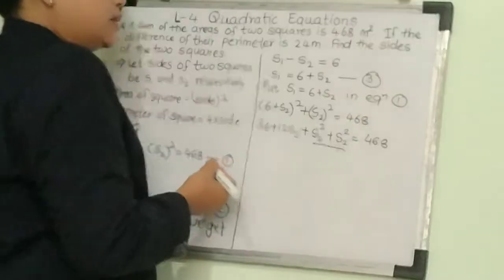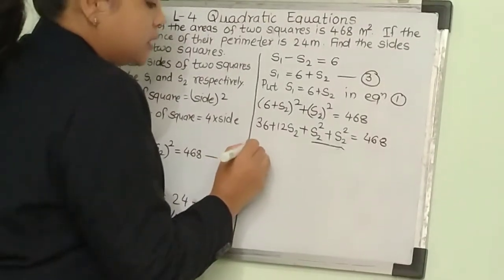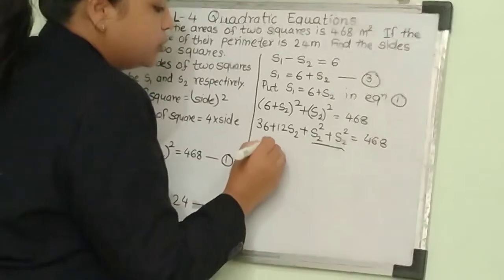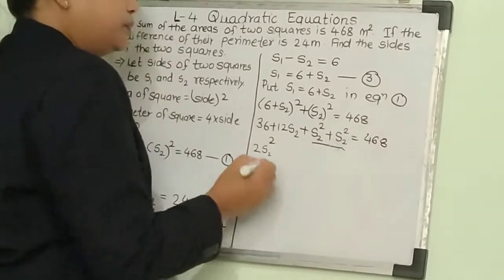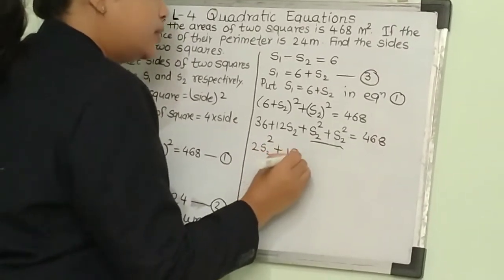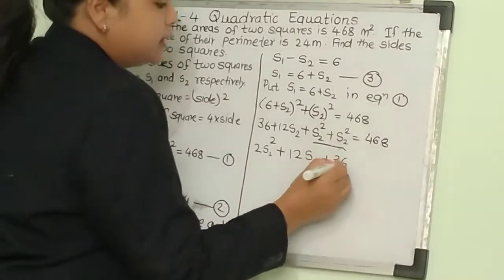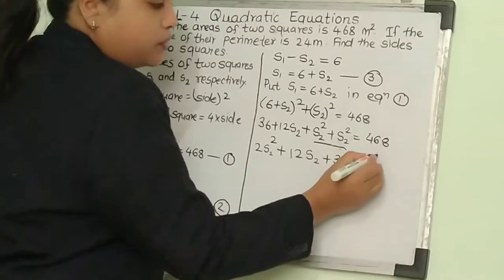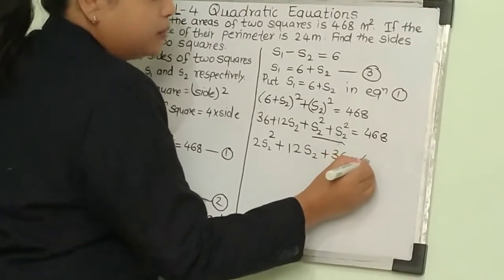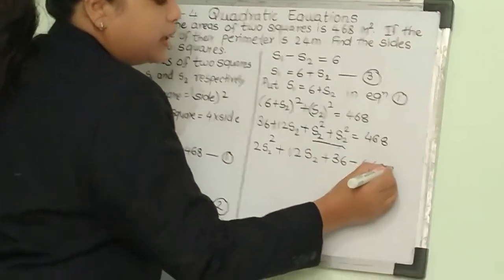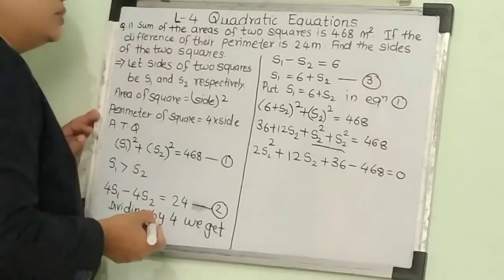S2 square plus S2 square becomes 2 S2 square plus 12 S2 plus 36, and now 468 comes to this side and becomes minus, equals 0.